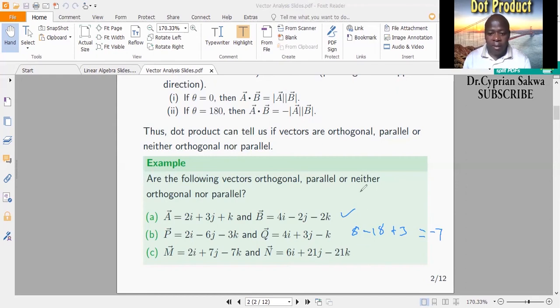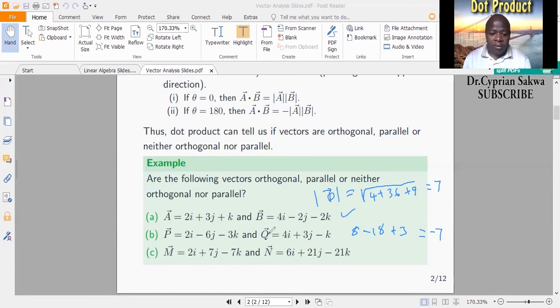To find if they are parallel, let's find the magnitude of P. The magnitude of P: 2 squared is 4, 6 squared is 36, and 3 squared is 9. So this is 49, which gives 7.